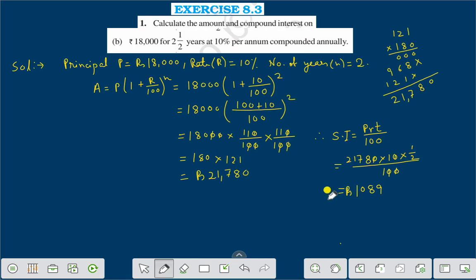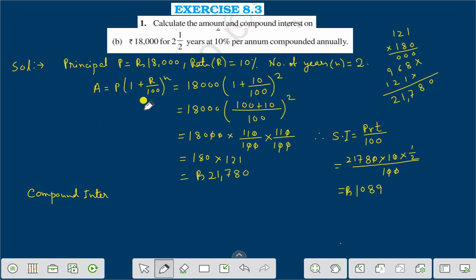This is the interest. Therefore, total compound interest is... This is the amount.